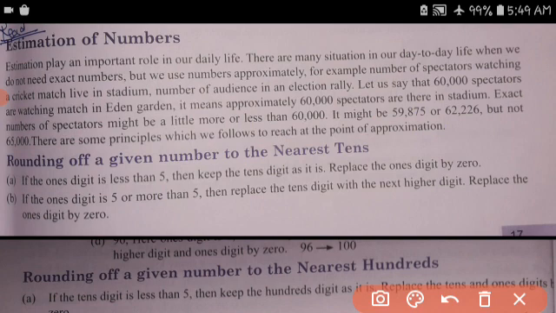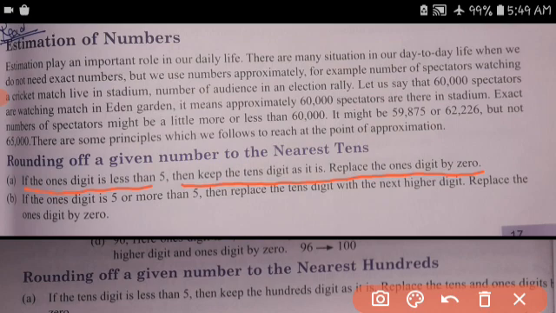There are some principles which we follow to reach the point of approximation. Rounding of a given number to the nearest tens. If the ones digit is less than 5, then keep the tens digit and replace the ones by 0.